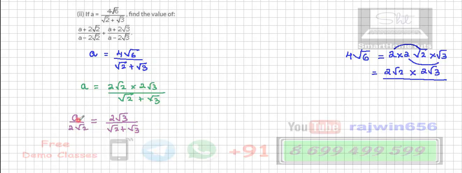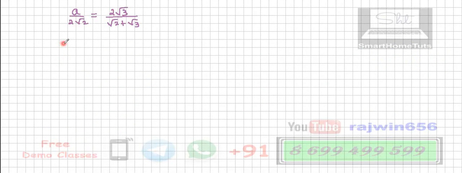Okay. Now if I do componendo and dividendo, I'm going to get this first part. So componendo and dividendo I'm doing to this term. So this is going to give me a plus 2 root 2 upon a minus 2 root 2.